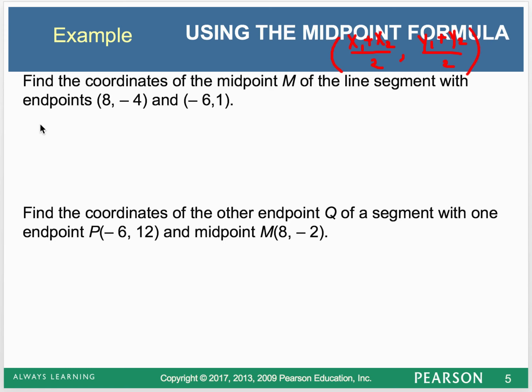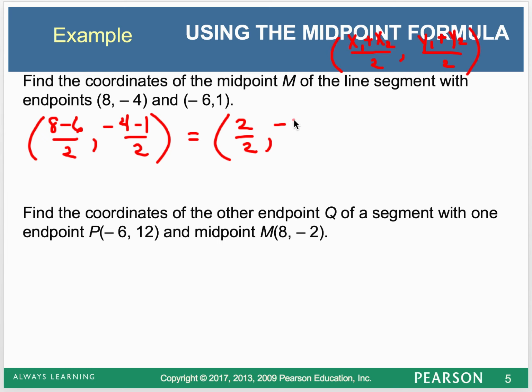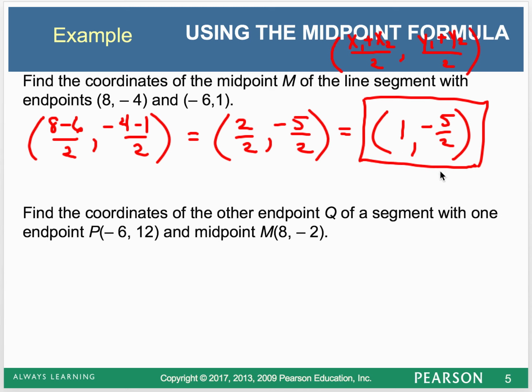Okay, so the midpoint is, if I'm going to add the x coordinates, I have 8 plus negative 6 over 2, and then add the y coordinates, negative 4 minus 1 over 2, to give us 8 minus 6 is 2 over 2, negative 5 over 2, and then don't forget to simplify any fractions. So now we have the point 1 and negative 5 halves, or negative 2 1/2. That's the point halfway in between these 2 points.